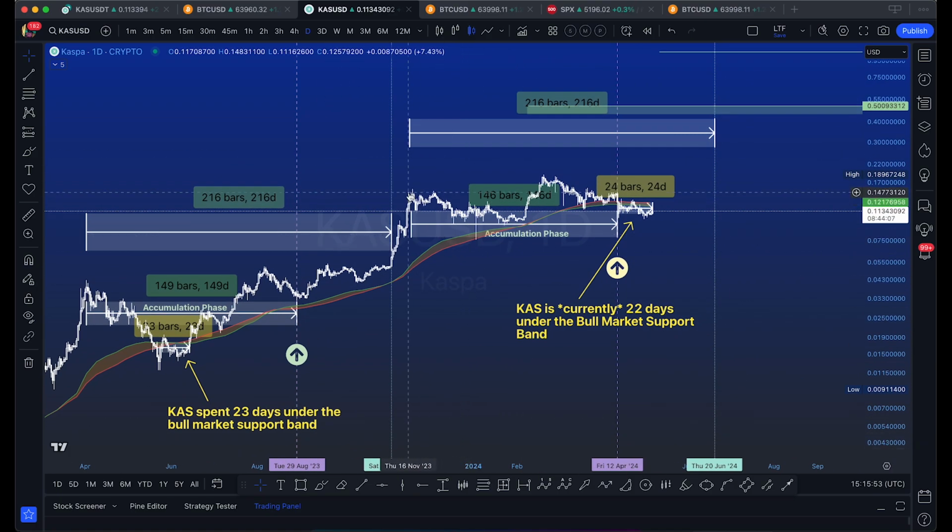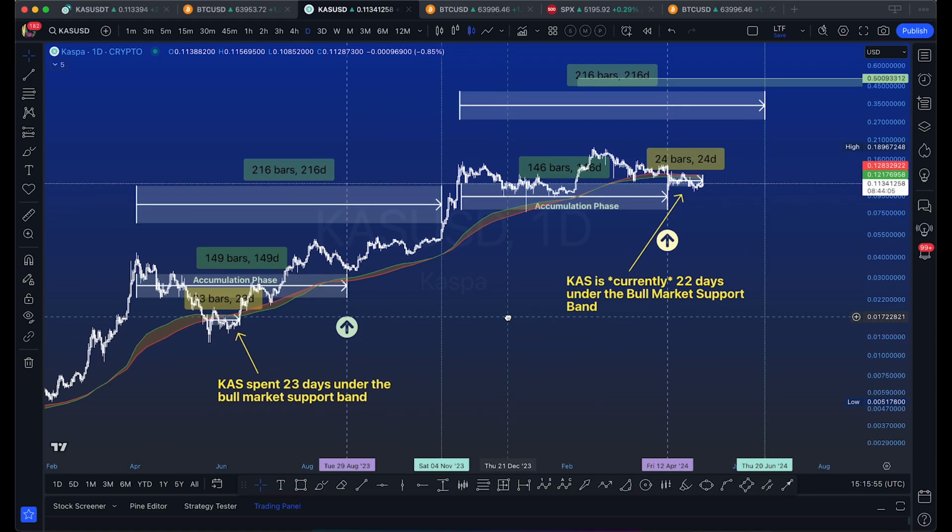And in this sideways range, which is very similar, and in fact, in my opinion, more bullish than this one, because the dip was not nearly as steep as this dip, yet we are still within the 216 days that occurred on this range. We're not there yet. So 216 days would put it sometime in June if this sort of time frame played out again.